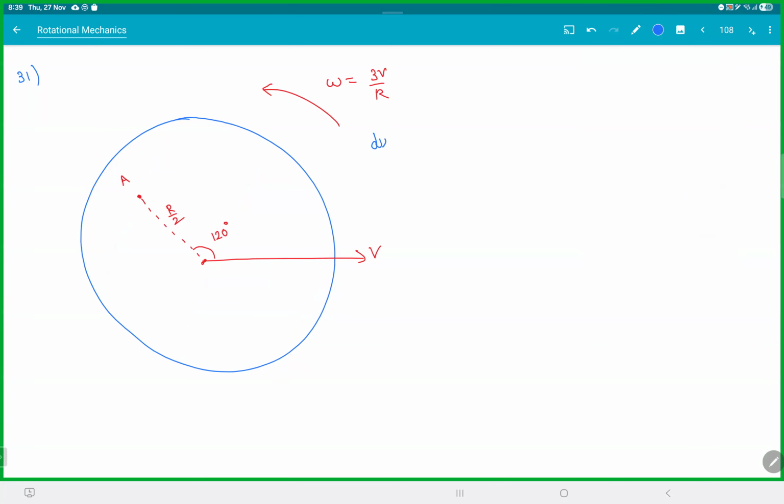This is the disk. So find the velocity at A, and find the position whose velocity is 0. Or let me ask you this way: find a point on the disk whose velocity is along the y-axis.